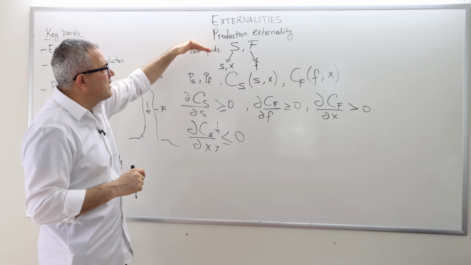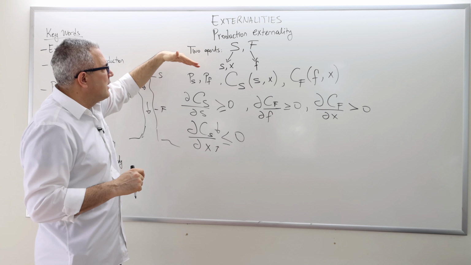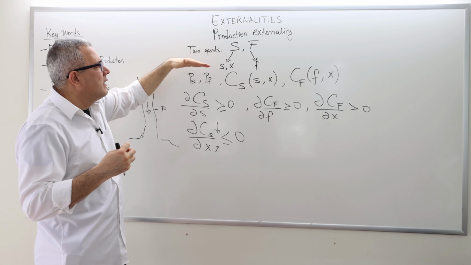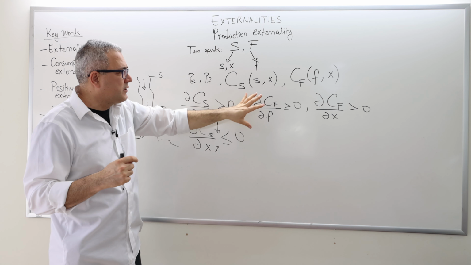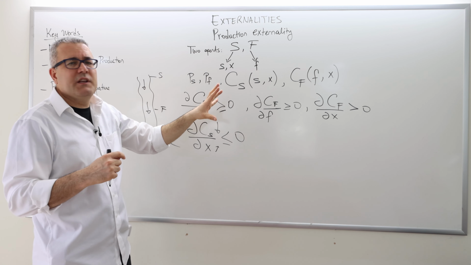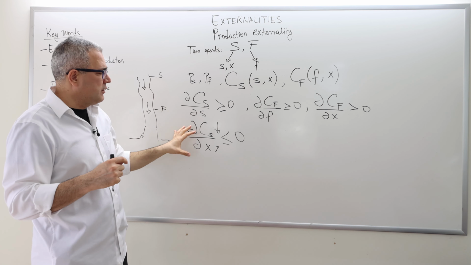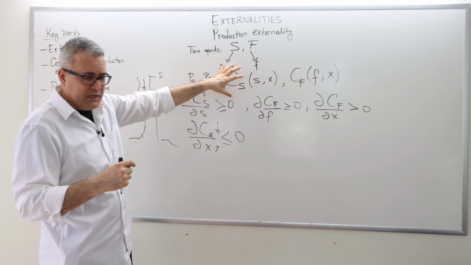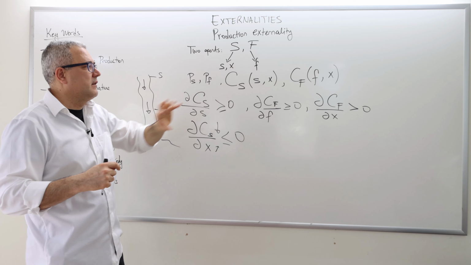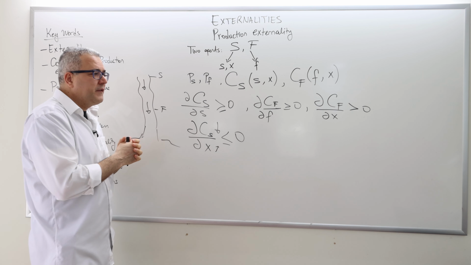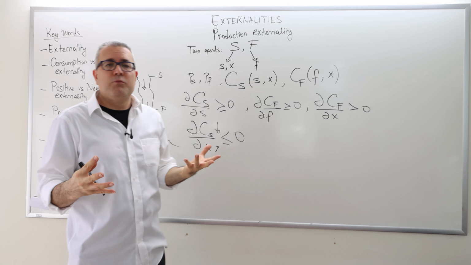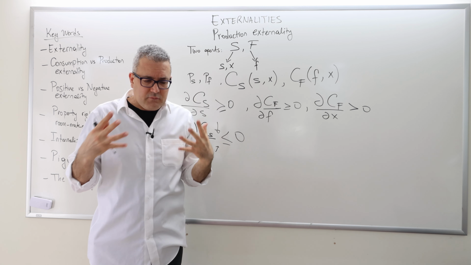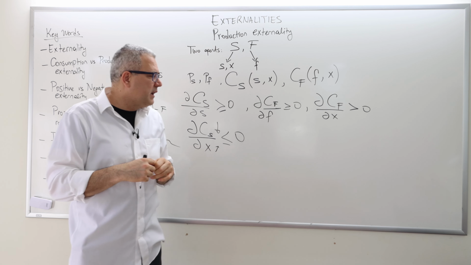There are two agents, a steel company and a fishery. The prices are given, the cost functions are given, and the marginal costs are increasing, but the marginal cost of pollution for the steel company is decreasing. If this is the case, what is the problem? The optimization problem is the following.